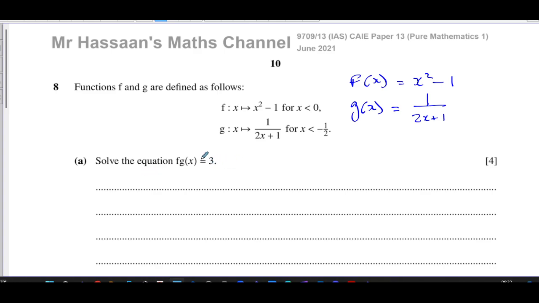Now, there's two ways we could tackle this question, and I think the way I'm going to show you first, I'll only show you this way, makes life a whole lot simpler, especially when you have this situation here. This is something that's very important in these type of questions.